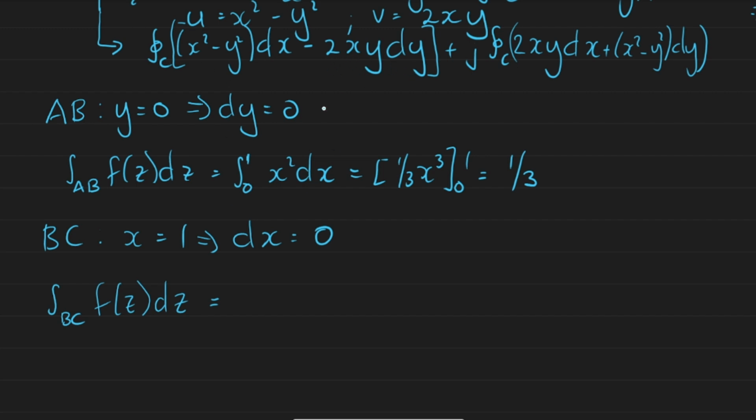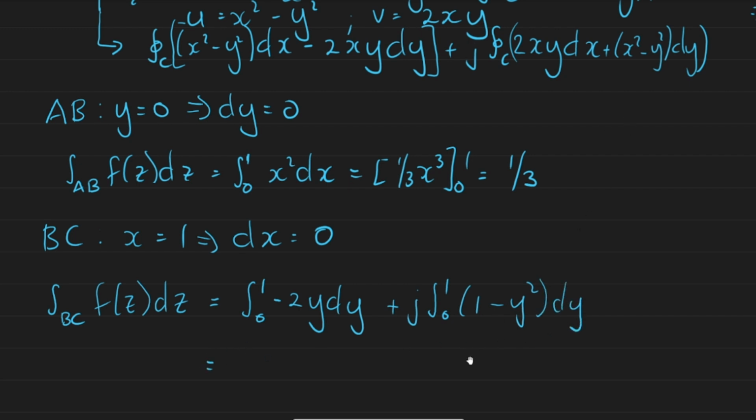We have minus 2xy, y is going from 0 to 1, and x is equal to 1, so we have essentially minus 2y dy, then plus j. Again, y is going from 0 to 1. dx is equal to 0, so that's not going to be there. And then we have x squared minus y squared, x is equal to 1, so we have 1 minus y squared dy.